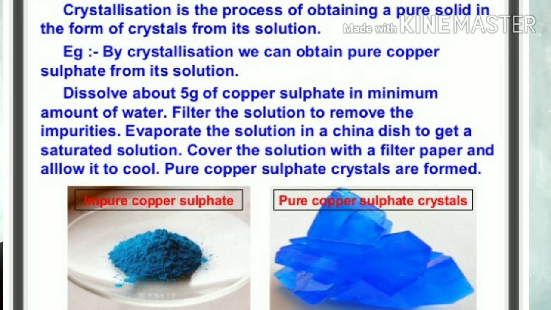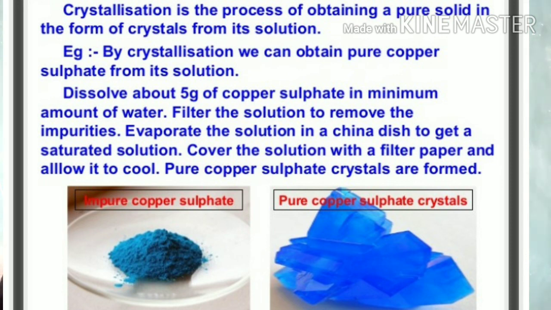For this, I am going to dissolve 5 gram of copper sulfate in water. Now I am going to filter the solution so that I can remove the impurities present in the copper sulfate solution. Now I am going to evaporate the solution. For that I am just going to pour the solution in a china dish so that the water present in the solution will get evaporated.